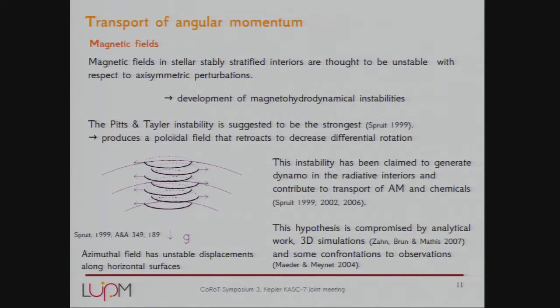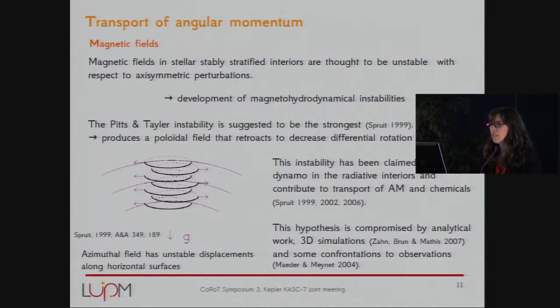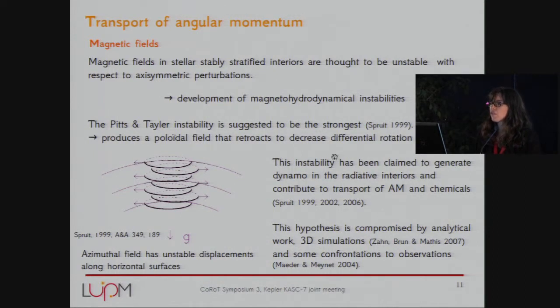It's supposed to produce a poloidal field, which is maintained by a dynamo process, and this should retract and decrease the differential rotation.